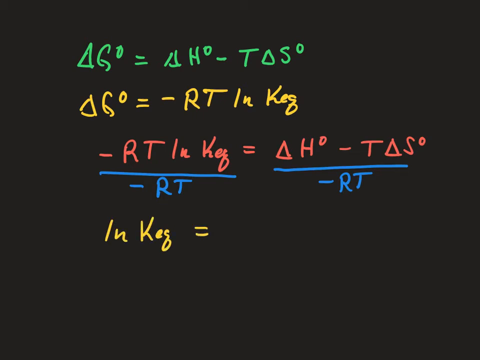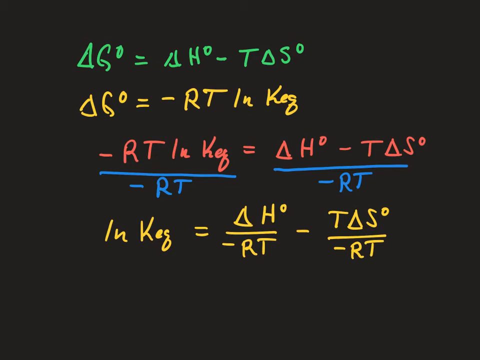And on the right, we can divide that up so we have delta H0 divided by minus RT minus T delta S0 divided by minus RT.